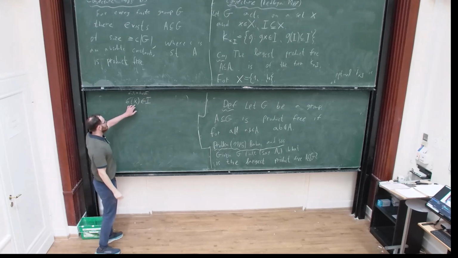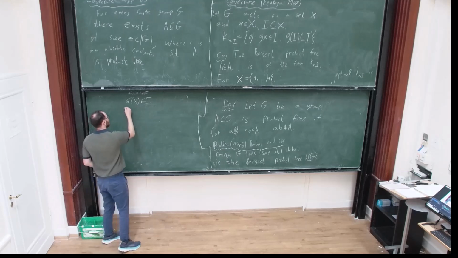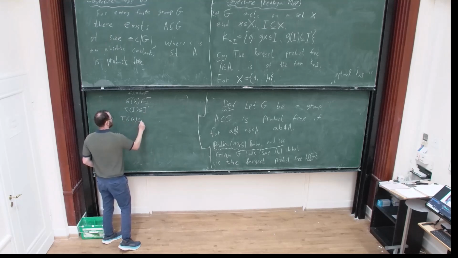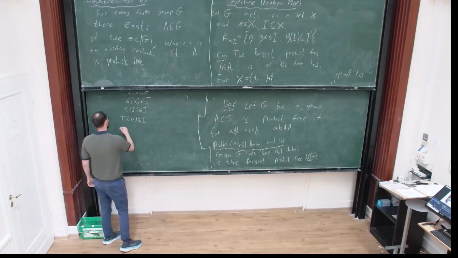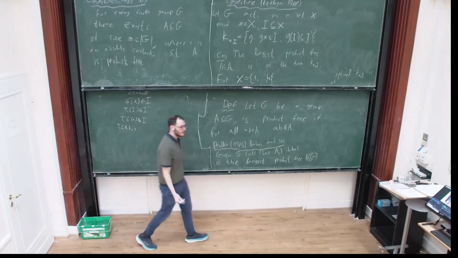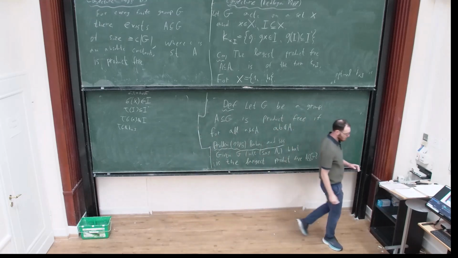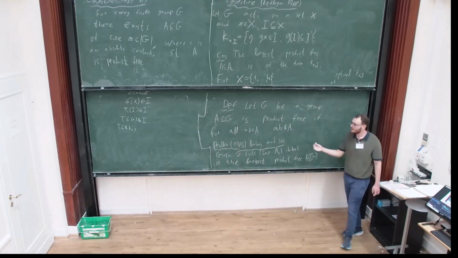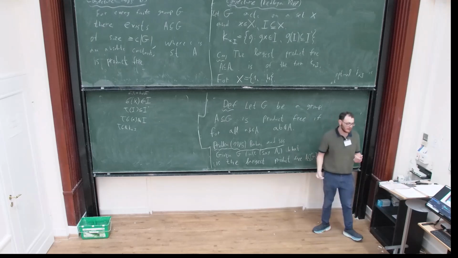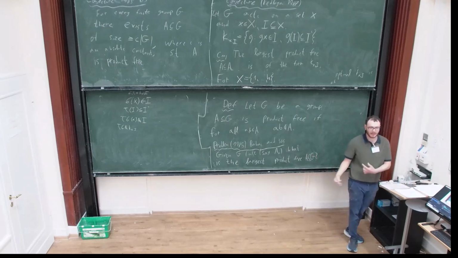Then sigma of x is in I, and tau of the set I is contained in the complement of I. So this means that tau of sigma of x is not in I. So tau sigma is not in K_{x,I}. Okay. So this is a construction of a product-free set. And the optimal way to choose the set I is to take it to be of size root n because of the birthday paradox.